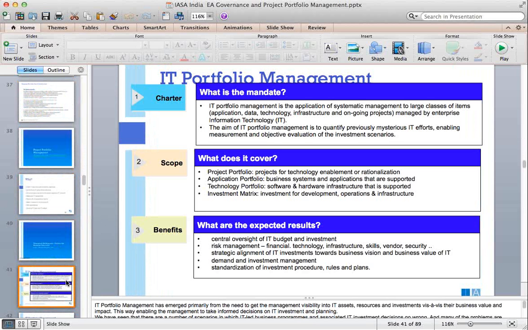There is also the third bullet, which is very, very political as well: strategic alignment of IT investments towards business vision. Today, let's take a case where a company has predominantly been taking some consulting or guidance from an IT vendor in terms of improving its internal capability to deliver to business.